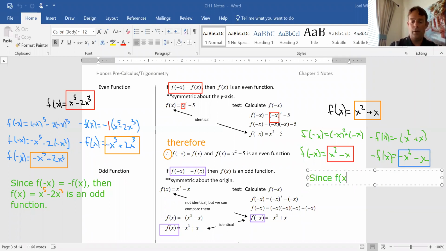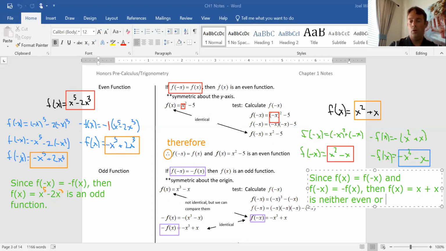Since f of x does not equal f of negative x, and f of negative x does not equal negative f of x, then f of x equals x squared plus x is neither even nor odd.